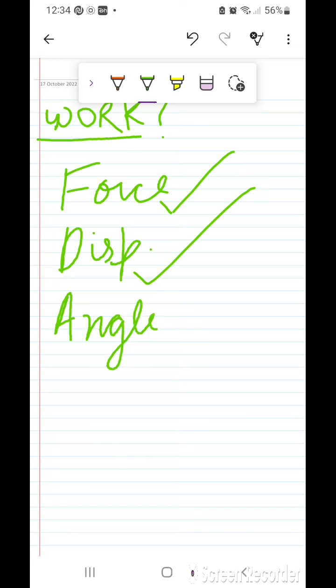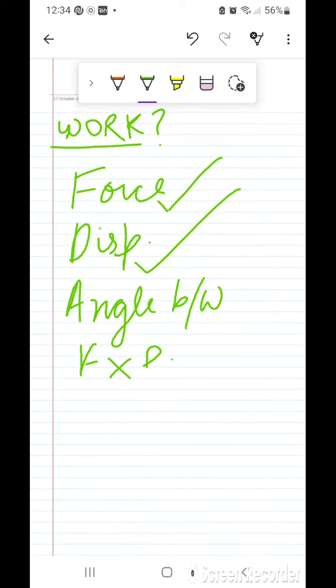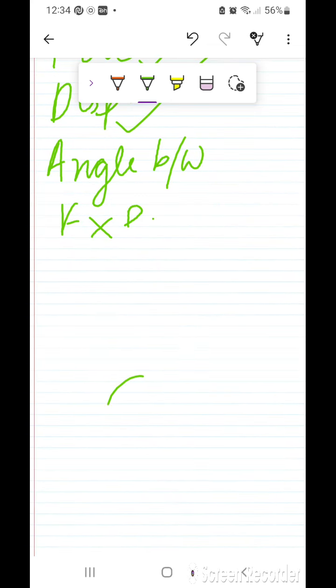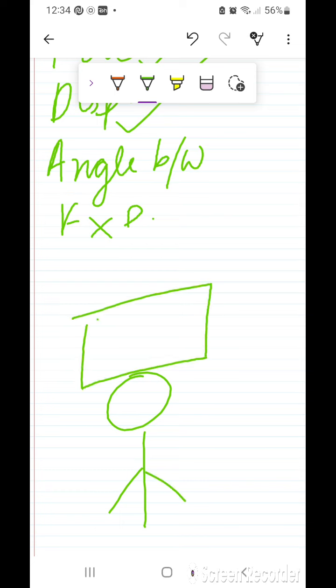Work depends on the angle between force and displacement. So in the example of the coolie, suppose this is the coolie. He has the load on his head and he is walking this way. So what is the load exerting on the man?